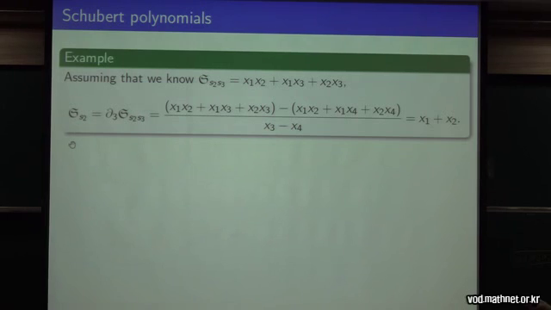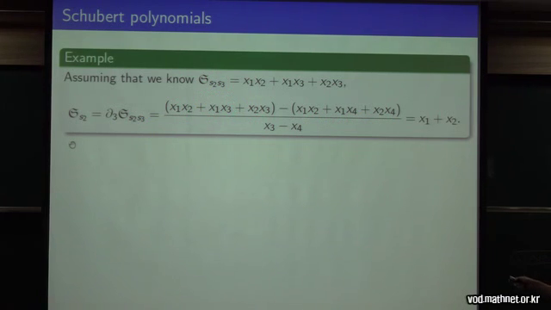Here's one example. Assuming that I know the Schubert polynomial for S3, I can compute the Schubert polynomial for S2 by taking the partial 3 of this polynomial. So this is the same as the first term, and the second term can be obtained by swapping x3 and x4.